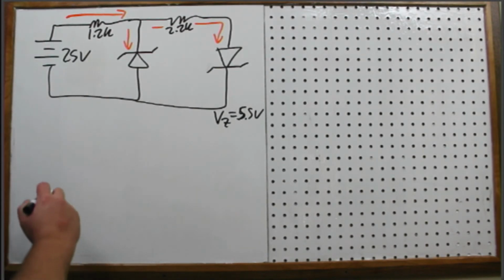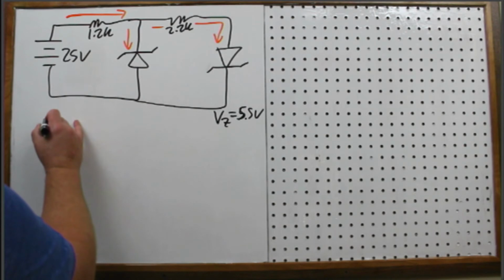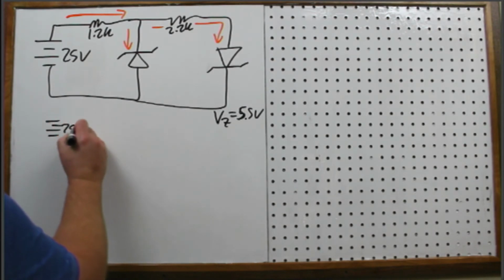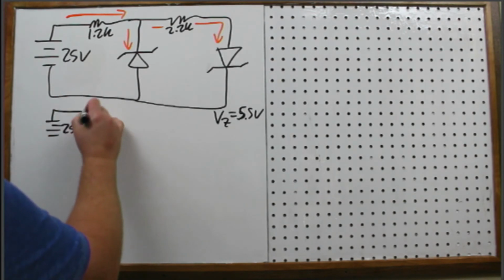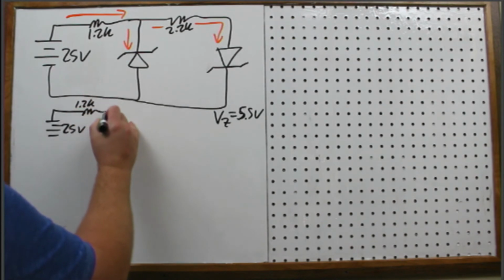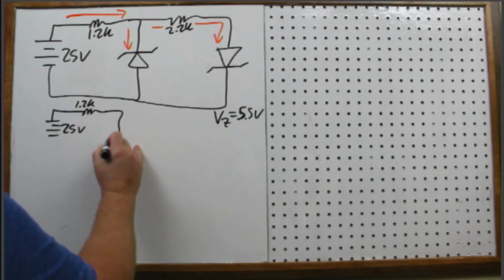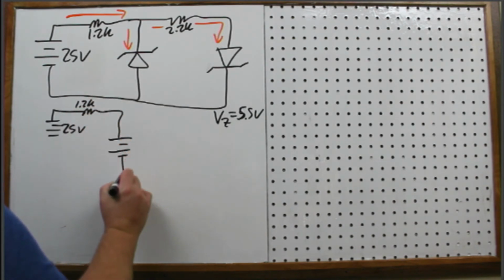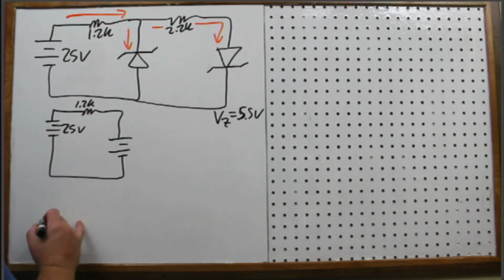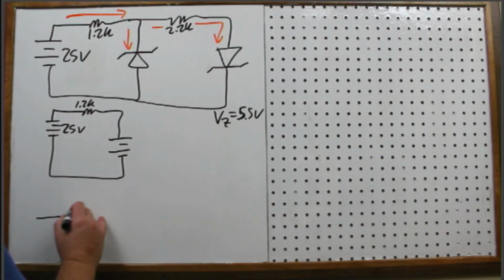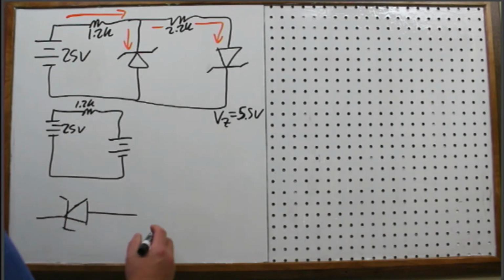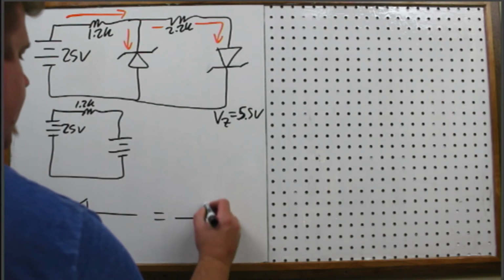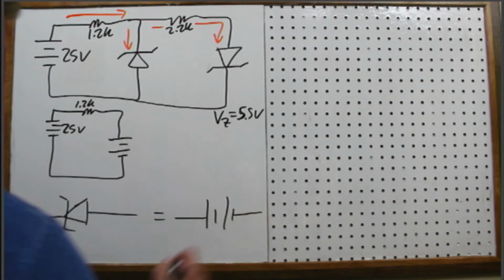So let's go ahead and rewrite this. So I keep my 25 volts and my 1.2 k ohm resistor. This I'm looking at as if it were a, remember, if you have a voltage drop, draw it as this.